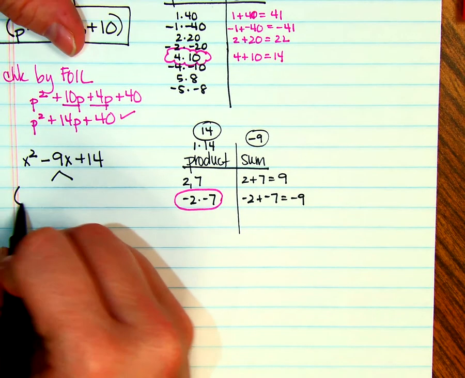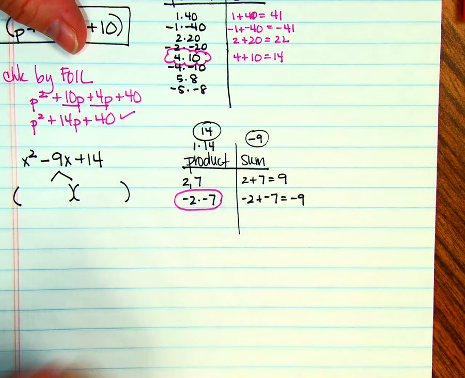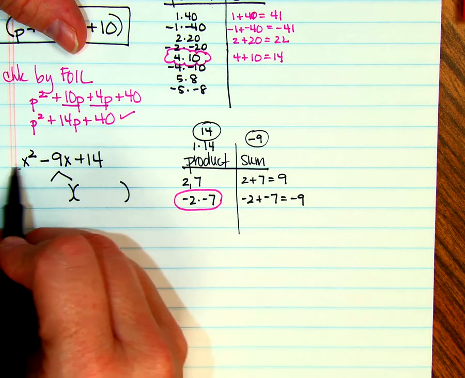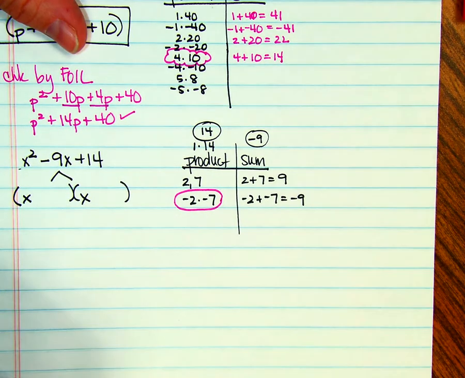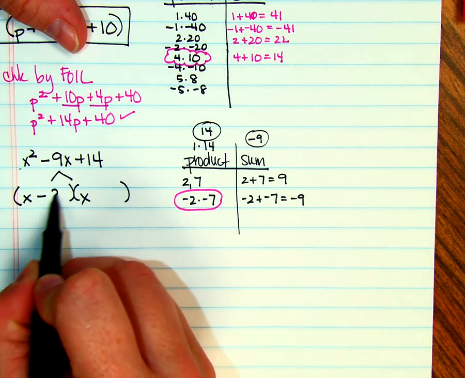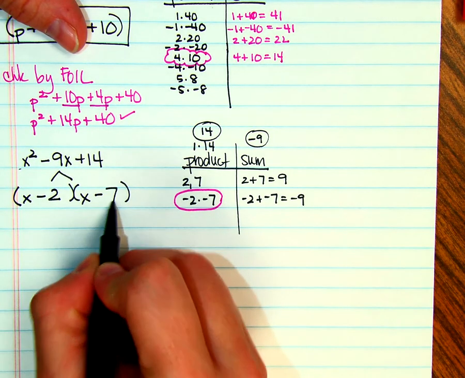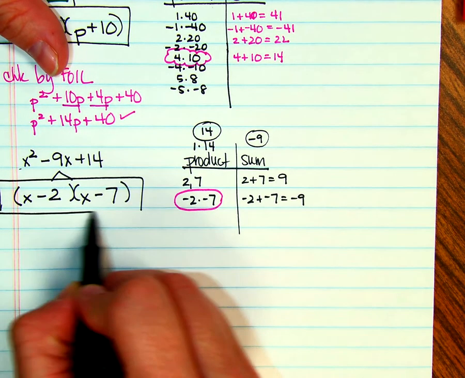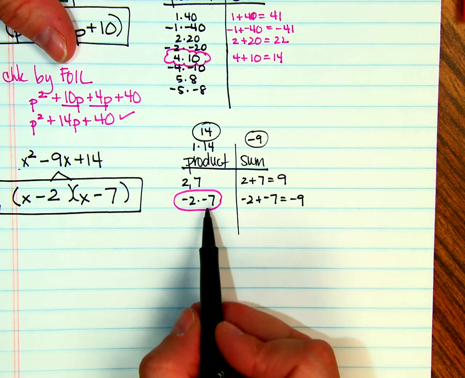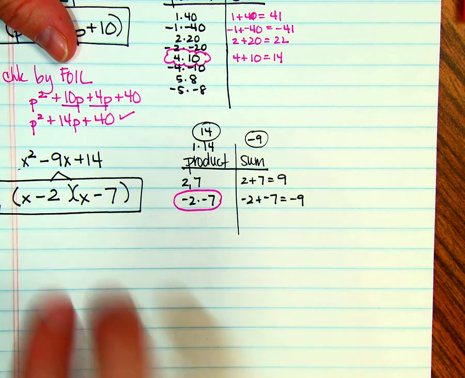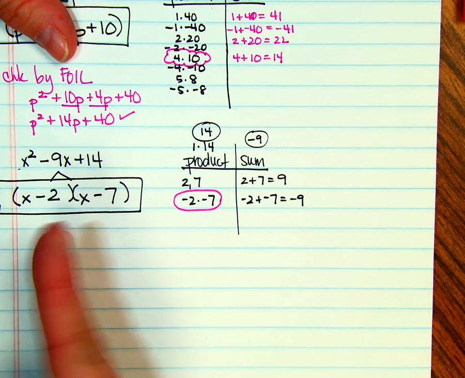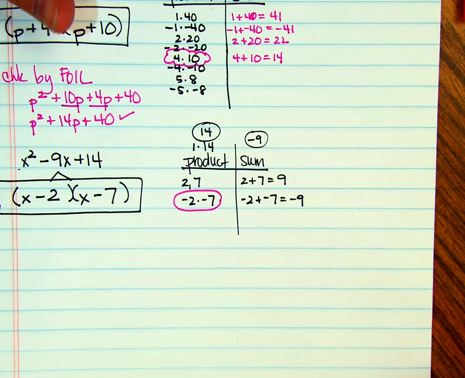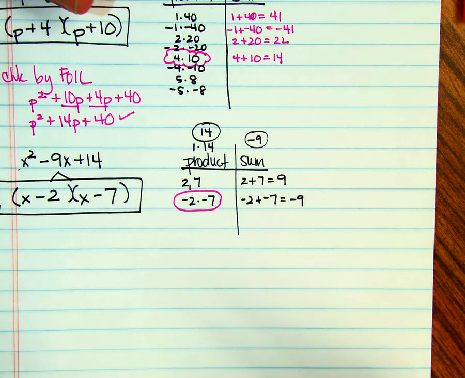It's going to factor into two binomials. X squared is created from x times x. I'm going to use my two magic numbers of negative 2 and negative 7. And you're done. If you end up with magic numbers of negative 7 and negative 2, what that means is that your binomials are just going to be switched around. That is perfectly fine. 3 times 4 is the same thing as 4 times 3 because of the commutative property of multiplication.